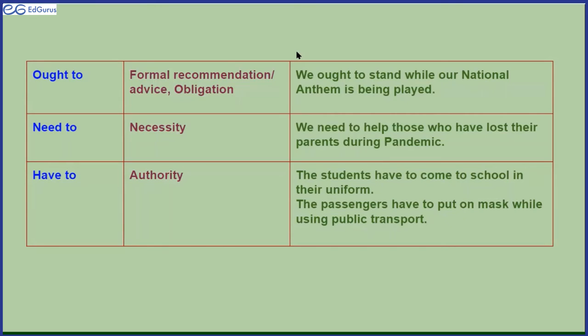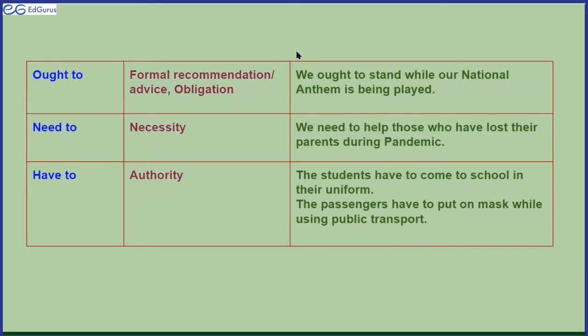The rule book says this is a rule by the government, by various organizations. This is the need of the hour. So you have to. The students, in simpler words, have to meaning compulsory, essential. Yes, the students have to come to school in their uniform, we just discussed. The passengers have to put on a mask while using public transport.